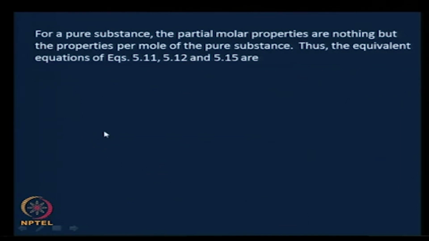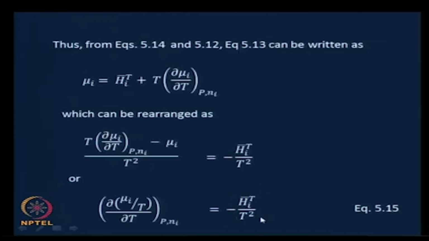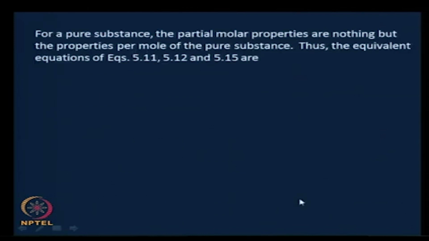The earlier equations that we had derived were for a generic system with n number of moles and so on, and then we started to consider a pure substance. For a pure substance, we know that the partial molar properties are nothing but the properties per mole of the pure substance, and therefore, the temperature pressure functionalities of mu as well as the dou (mu by T) by dou T expression that we saw earlier turn out to be these special equations for 1 mole of a pure substance.